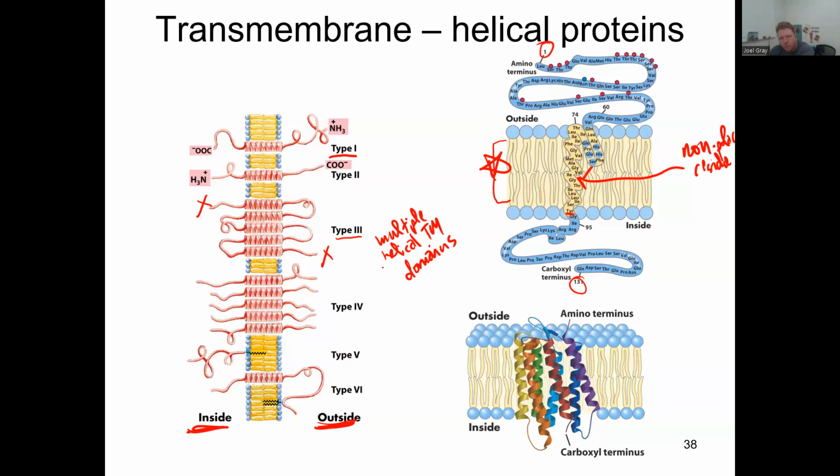Now, type 3 and type 4 are different from one another because type 4 has a quaternary structure because it is multiple independent polypeptides that have folded together to make a large transmembrane domain.